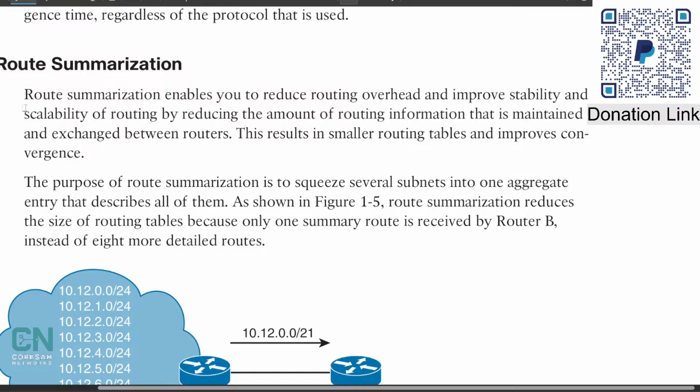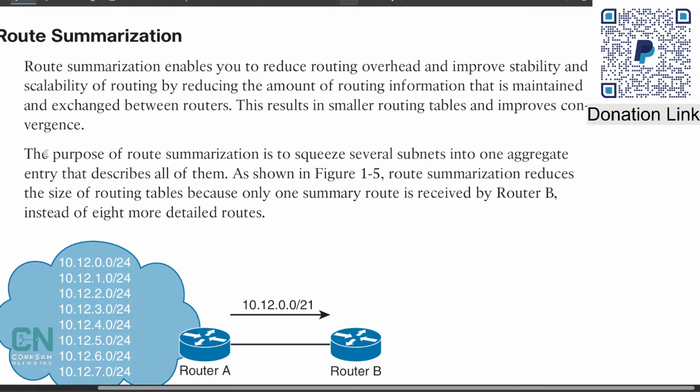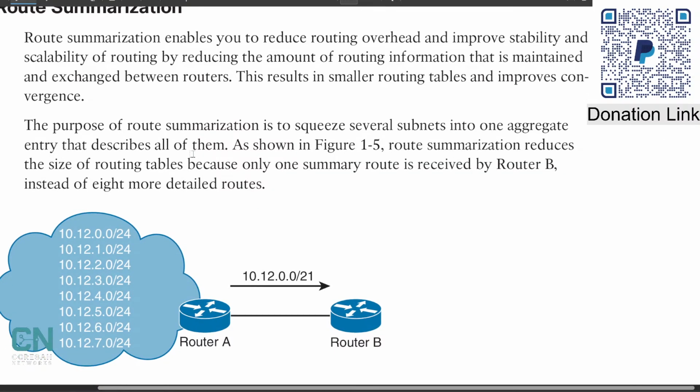And what is route summarization? Route summarization enables you to reduce routing overhead and improve stability and scalability of routing by reducing the amount of routing information that is maintained and exchanged between routers. This results in a smaller routing table and improved convergence.